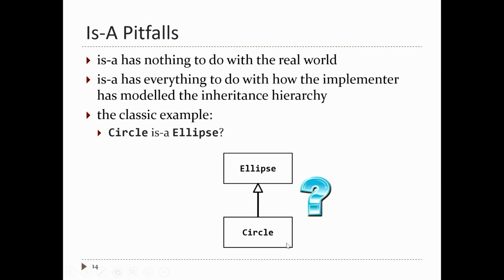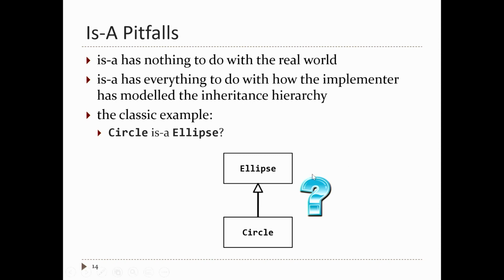Mathematically, an ellipse is just a special kind of circle, or rather, a circle is a specific kind of ellipse, I guess is the better way to say it. And so you might choose to implement your classes by having Circle extend, or be the subclass of, Ellipse.